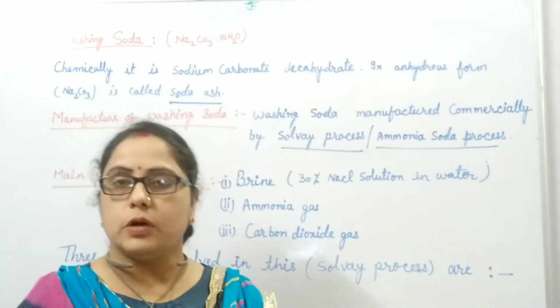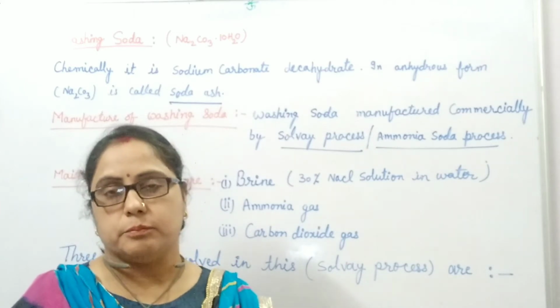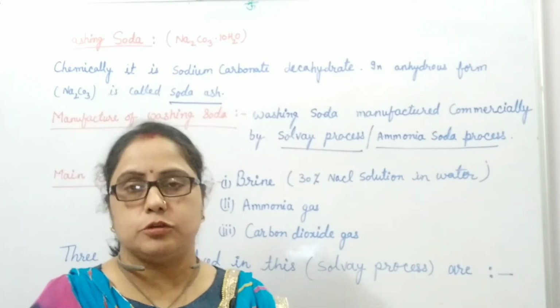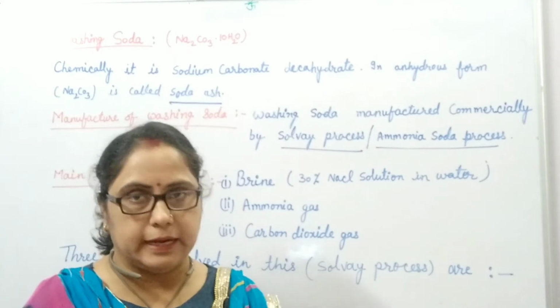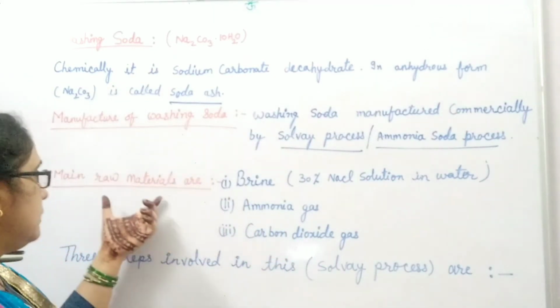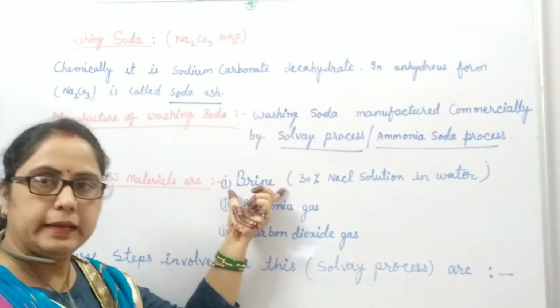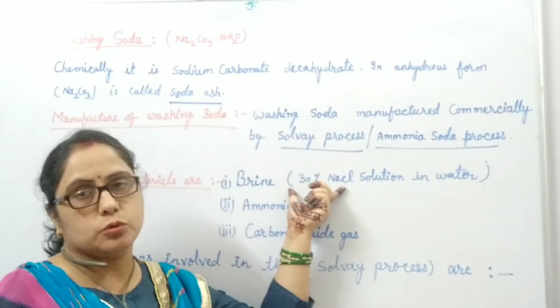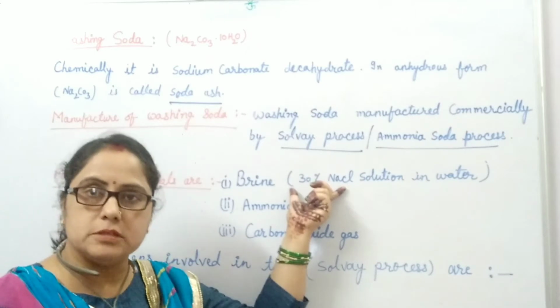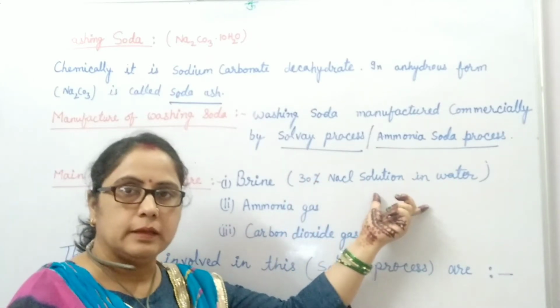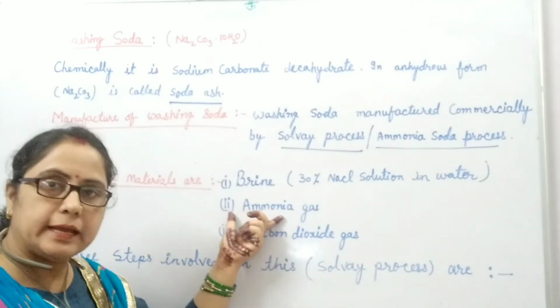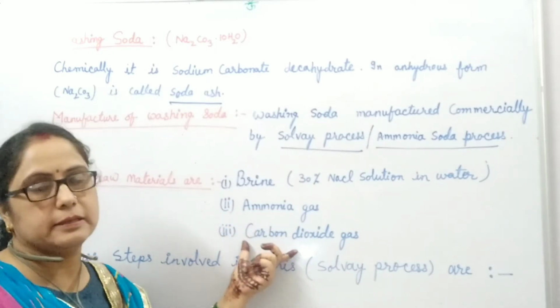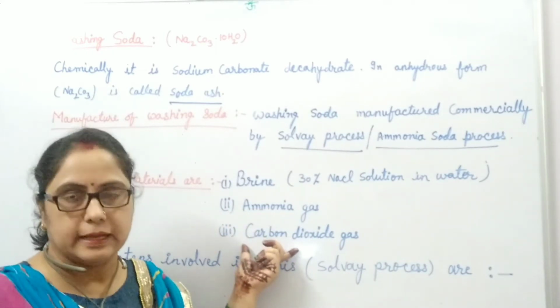Before that, what are the raw materials we use to prepare washing soda? We will use brine, a 30% solution of sodium chloride, the common salt, in water. Second is ammonia gas, and the third material is carbon dioxide gas.